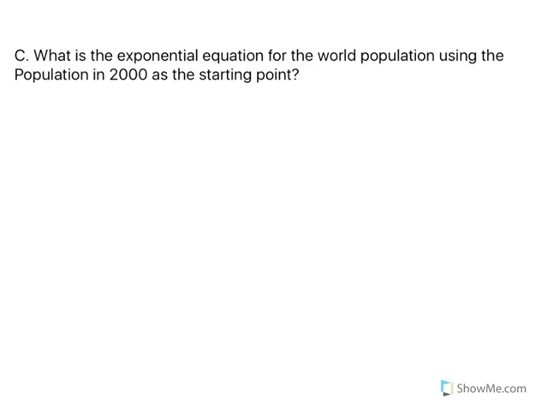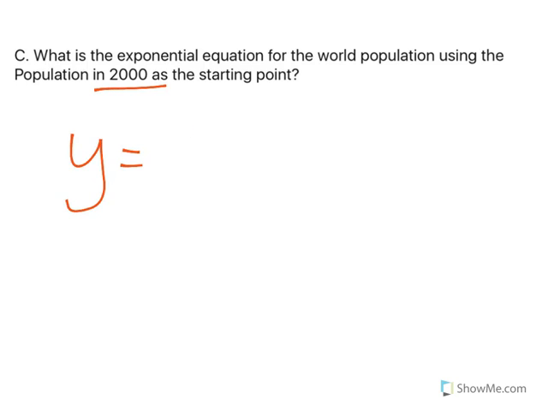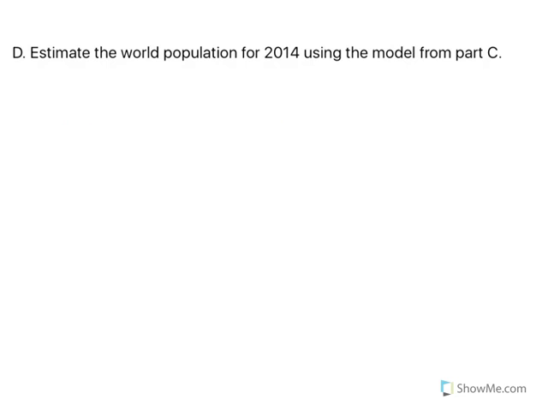What is the exponential equation? Using the population for 2000 as a starting point, so again, that was 6.2 billion. So y equals initial amount, and I'm just going to remember that it's in billions, growth factor raised to the time, and time is number of years. So let's estimate the world population for 2014. Now remember, we started with 2000. So for 2000, x is 0. That means for 2014, x is 14.